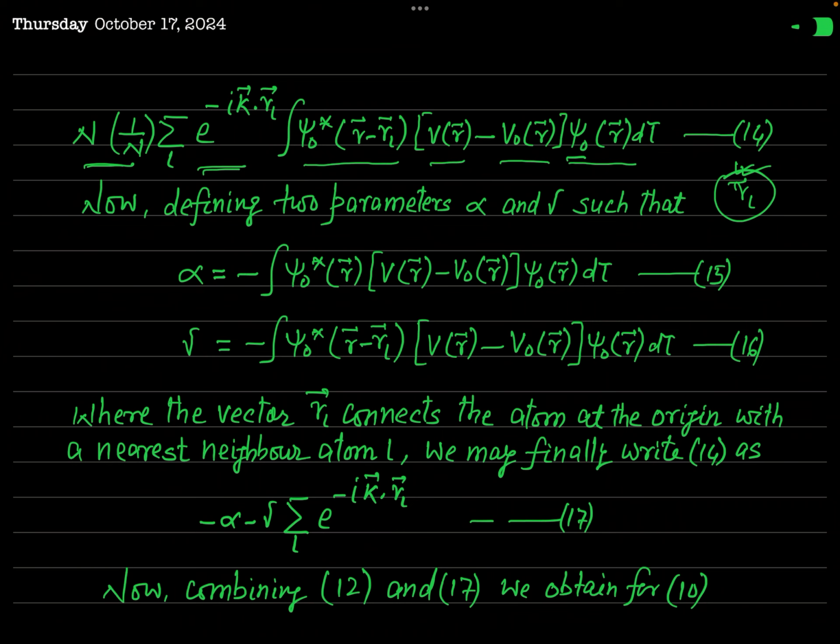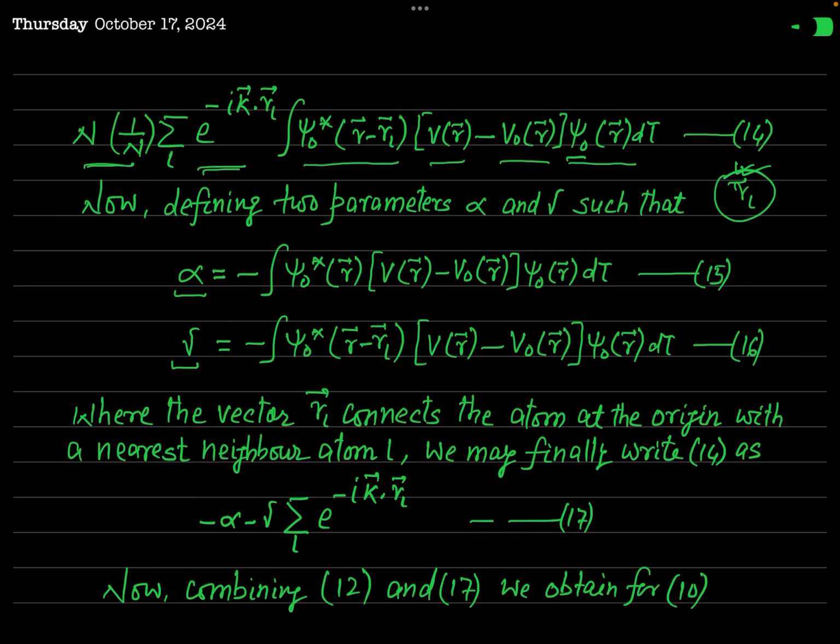Now, to get the value of bandwidth and energy of an electron in an atom inside the crystal, let us introduce two parameters. The first parameter we denote by the symbol alpha, and the other parameter by the symbol gamma.